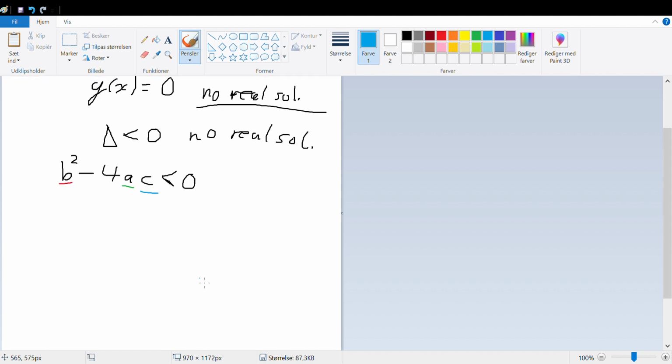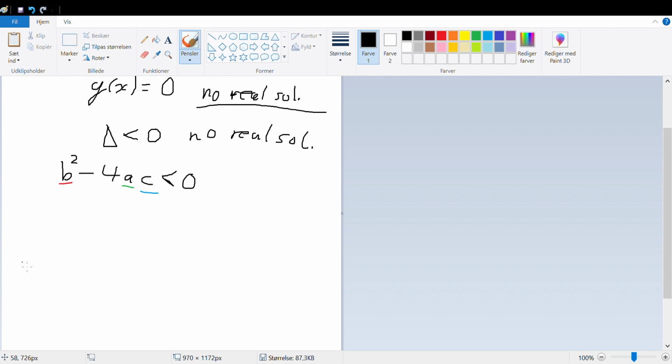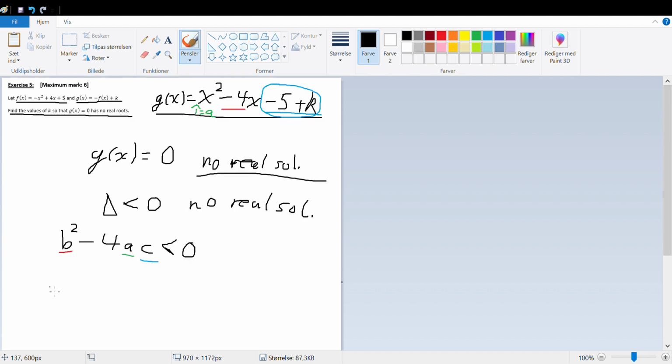Okay, so let's put those in. Let's see what happens when we put it all in. So we're going to start with the b squared. That should be minus 4, all inside a bracket, squared, minus 4 times our a, that was 1, and then times minus 5 plus k.